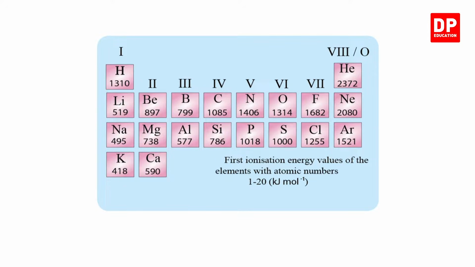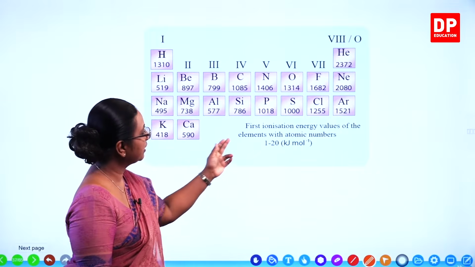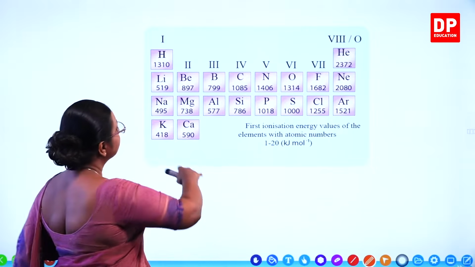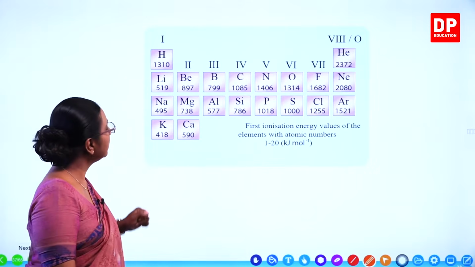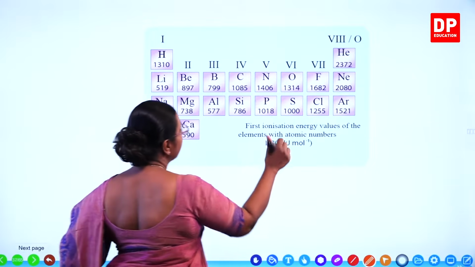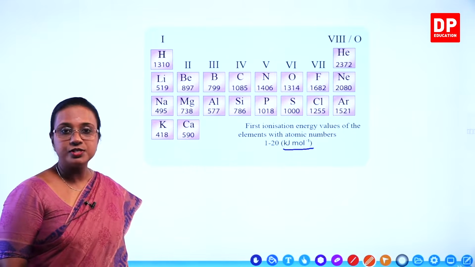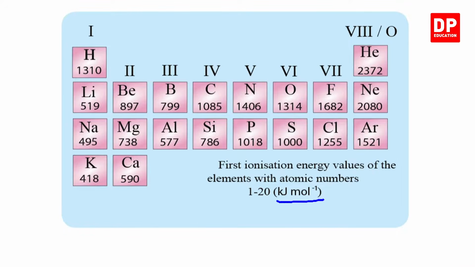Given here are the first ionization energy values of the elements with atomic numbers. So you can see this is the simple version of a periodic table with only the first 20 elements, and all the values are given in the unit kilojoules per mole, kJ mol^-1.